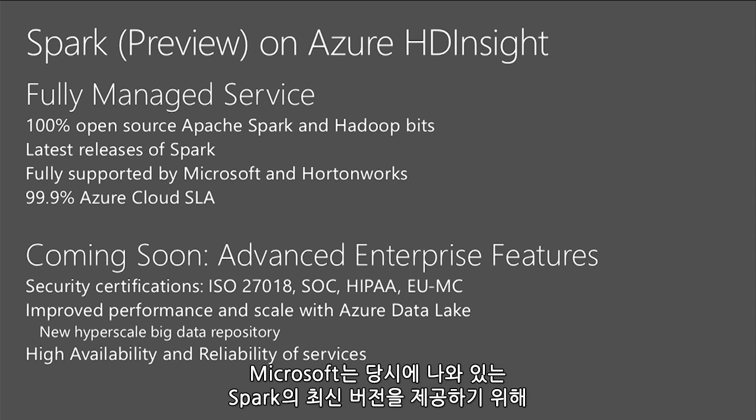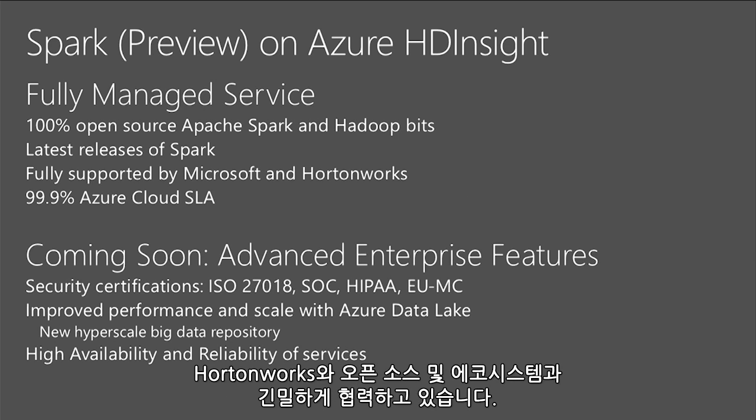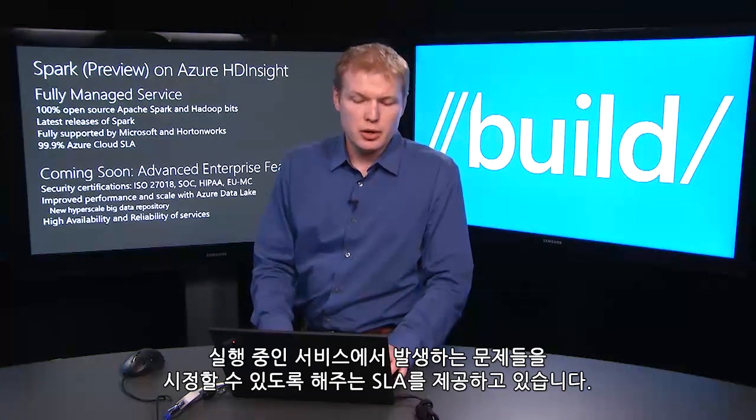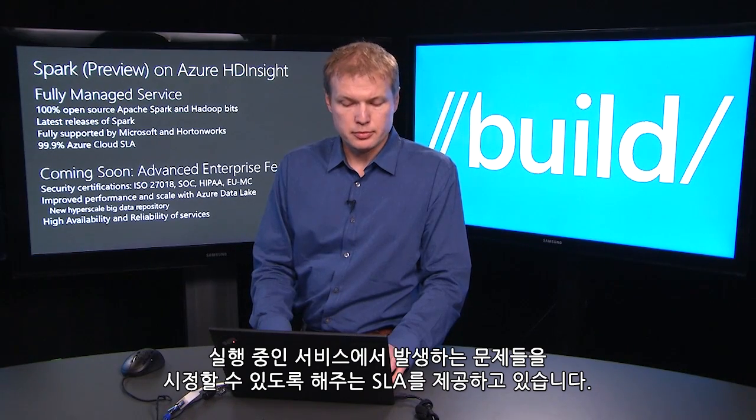We work closely with Hortonworks and the open source ecosystem to deliver the latest releases of Spark available at the moment. We also provide an SLA that allows you to rely on our support, and also a 24/7 on-call team that fixes issues as they arise with your running service.